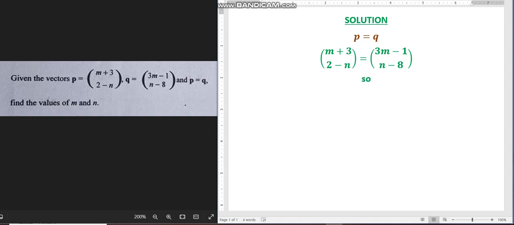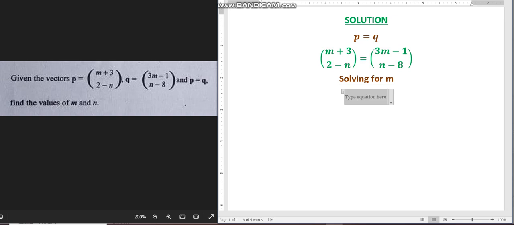Then we are just going to solve for each of the variables. We have two variables, m and n. First we are going to solve for the variable m. We equate the x coordinates of p and q, which involve the variable m.